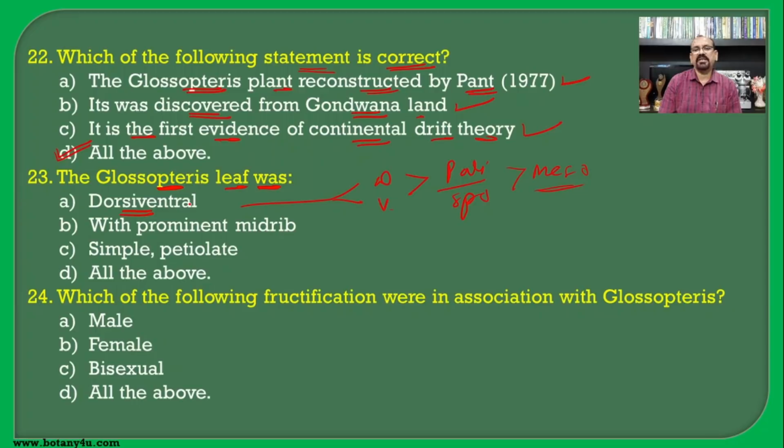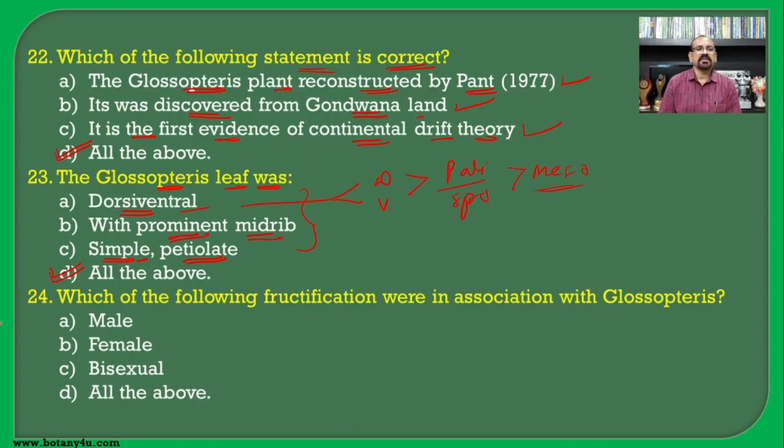The mesophyll is differentiated into palisade and spongy, and hence it is a dorsiventral leaf. Earlier we saw that it has a prominent midrib, and the leaf is simple, as opposed to compound, and has a petiole or stalk. So all these three are correct with respect to the leaf of Glossopteris, and hence all the above are correct.